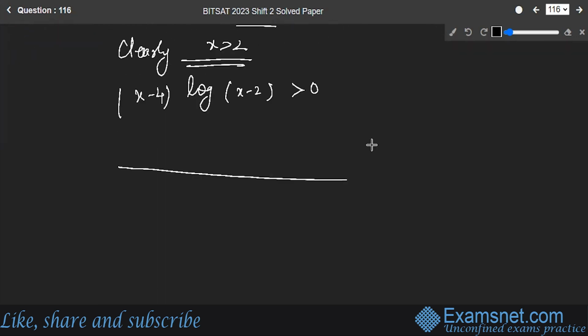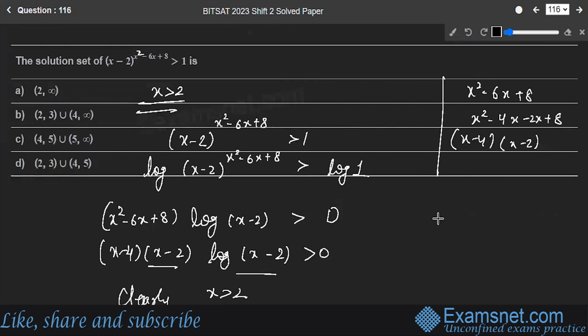So from here, if I say these are 2, 3 and 4, greater than 2 it is positive, after 3 it comes to be negative, and after 4 it is positive again. So that makes from 2 to 3 and from 4 to infinity. So we have option B as the right answer.